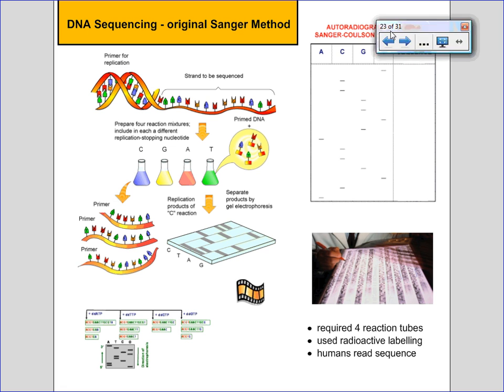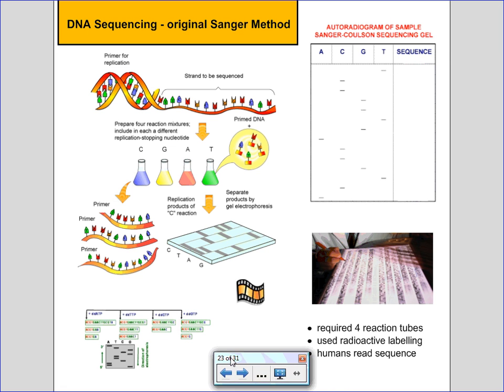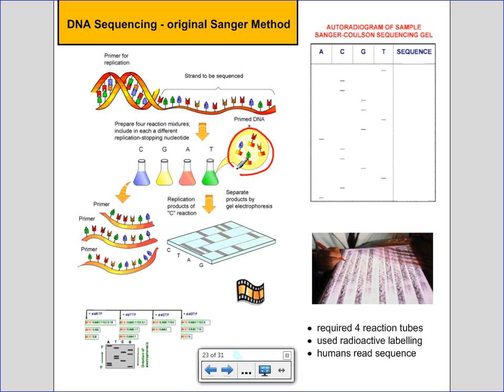First thing we're going to look at is the original way they used to sequence DNA, called the Sanger method. That's what I used to do whenever I was doing my master's degree. Basically, we had to prepare the DNA, and we added radioactive nucleotides.